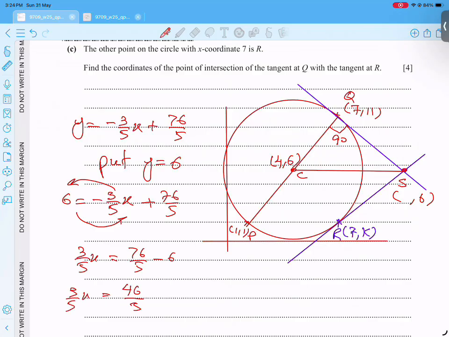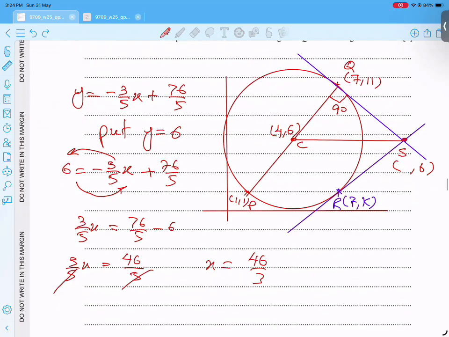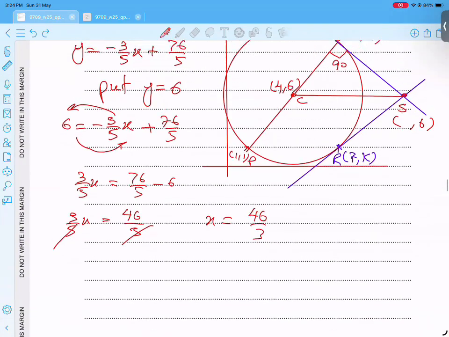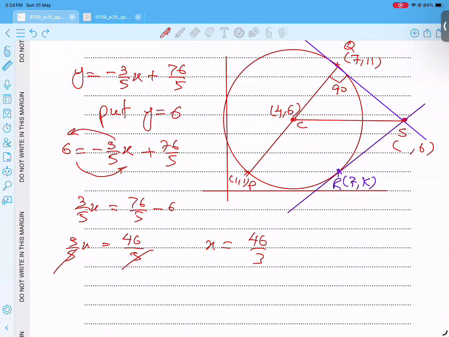Now the 5 cancels out, so the x value becomes 46 over 3. So, Alhamdulillah, without any hesitation, we got the answer, and the coordinates of intersection become 46 over 3 and 6.